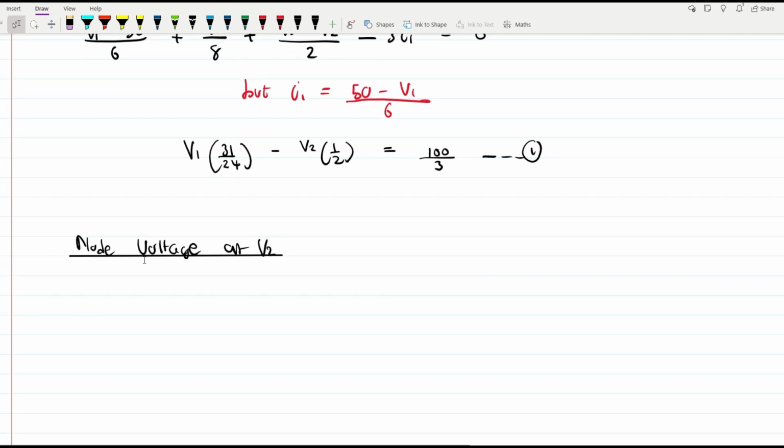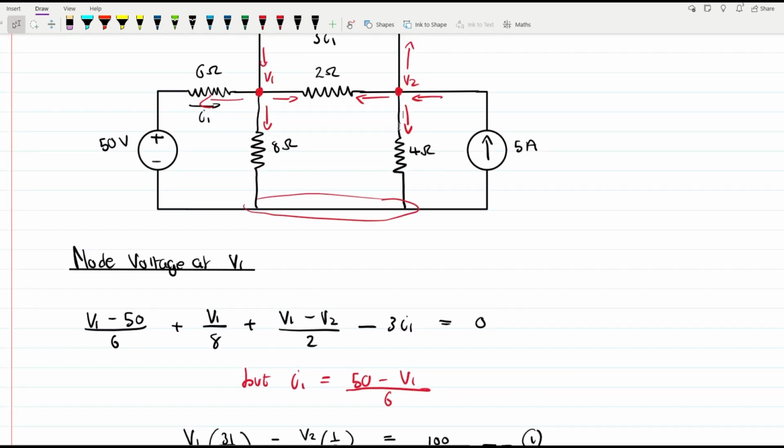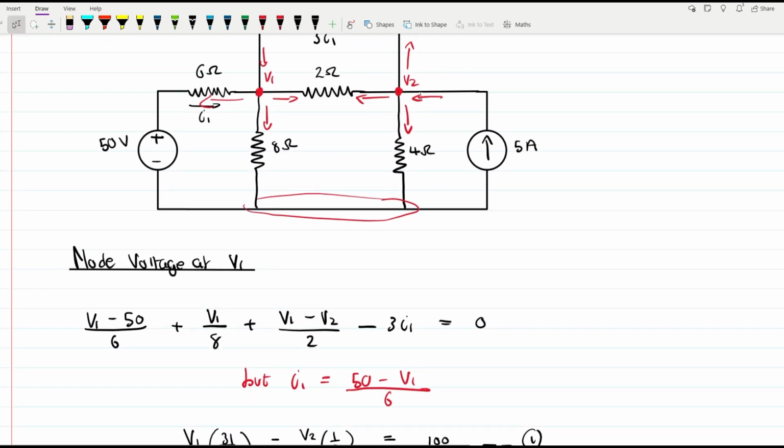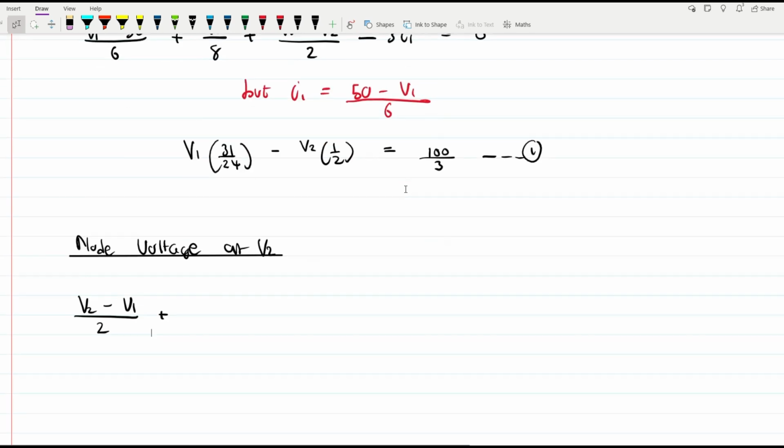So we're going to go here and say node voltage at V2. So we're going to start with this current that's going out. So we're going to say V2 minus V1 divided by that resistor. So we're going to have V2 minus V1 divided by the 2 ohm resistor, plus the current that's going out, V2 over the 4 ohm resistor.